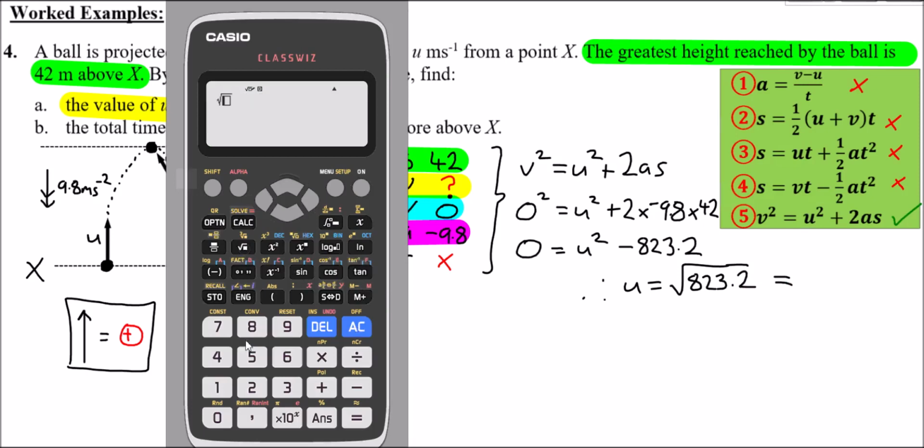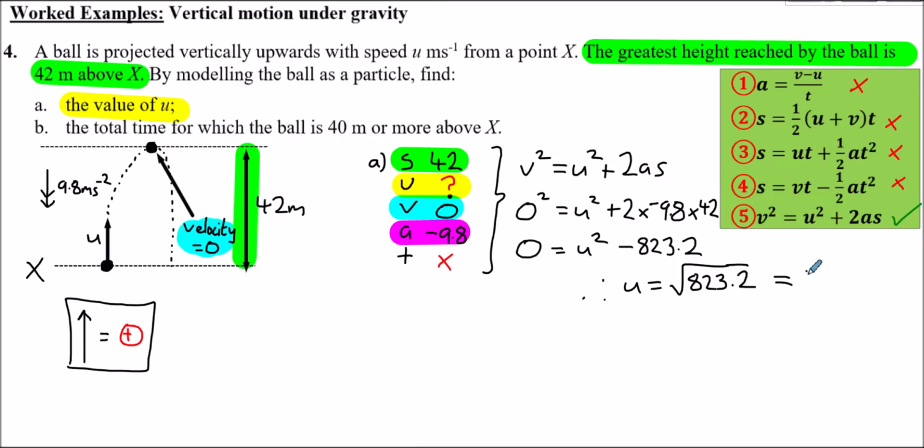So if we just square root 823.2, give it to the appropriate accuracy, so round it to 3 sig figs if in doubt, we get 28.7 meters per second. So the value of u is 28.7 meters per second.